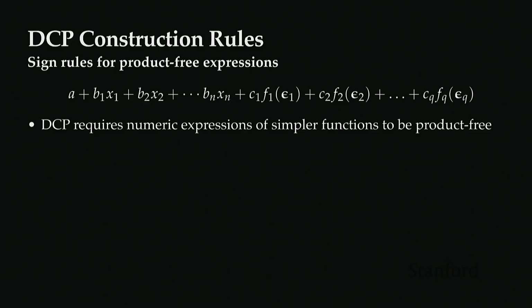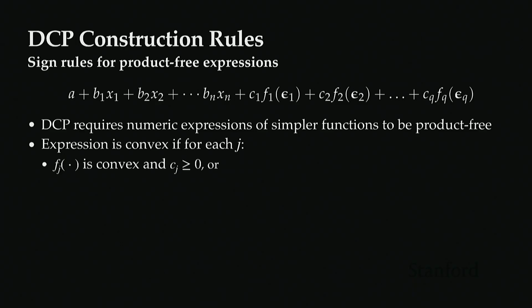But you can't have additional terms that take products between different functions. Given this rule, we can say that an overall expression that looks like this is convex if for each of the functions f_j, either f_j is convex and the coefficient outside it is non-negative, or the function is concave and that coefficient is non-positive, or that function is affine.